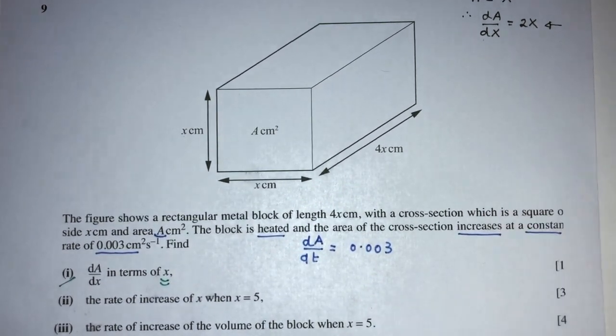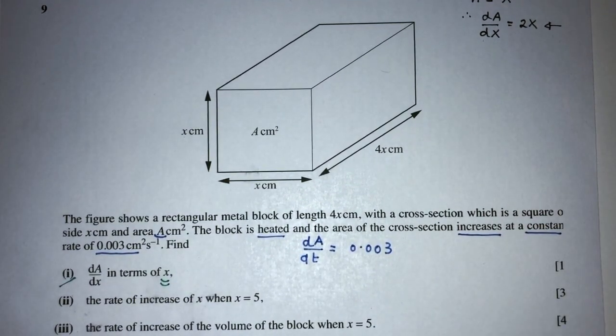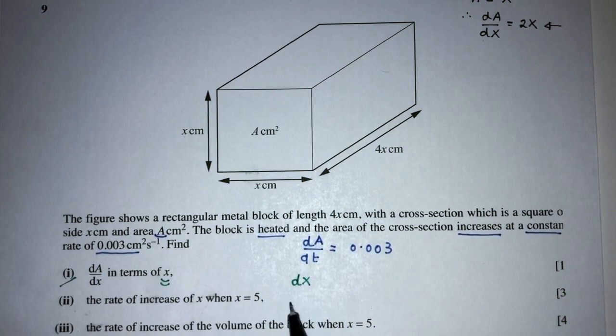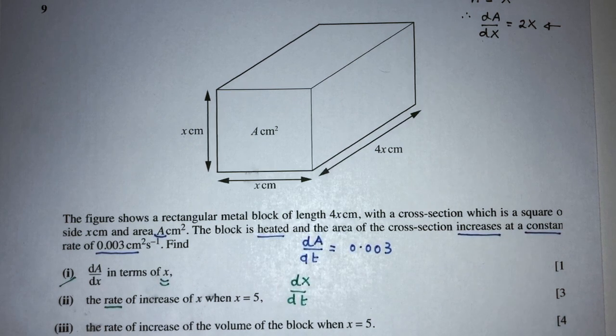Now for part 2, we have to find the rate of increase of x when x equals 5. So basically we have to find dx by dt. Whenever you see rate, it means with respect to time, so dt. So we have to find dx by dt, and to find that, we have to use the chain rule.